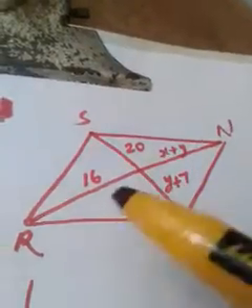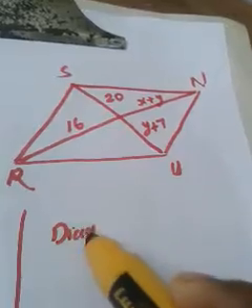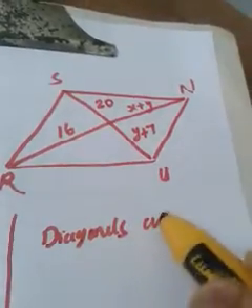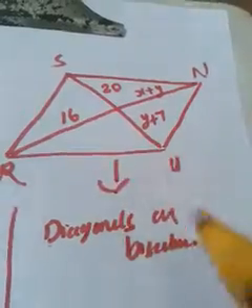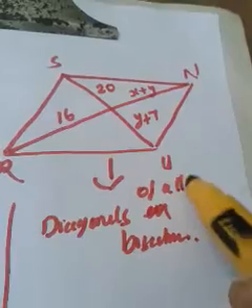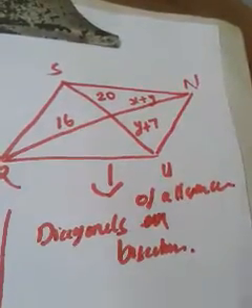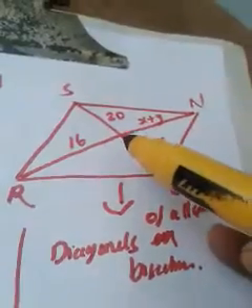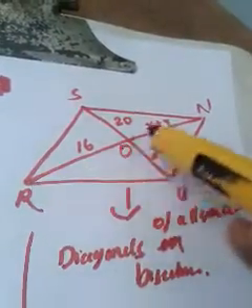See, we already discussed that diagonals are bisecting. So the answer for this question: we know that diagonals of a parallelogram are bisecting. That means, suppose this point is O, RO should be equal to ON.